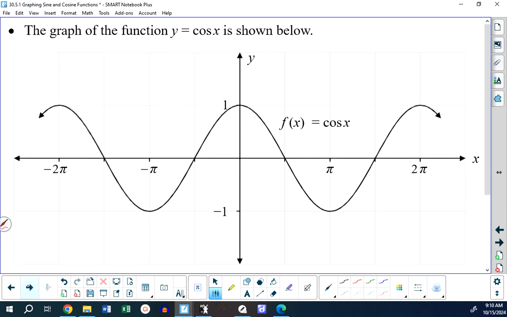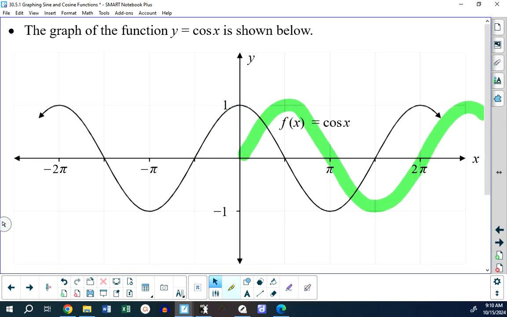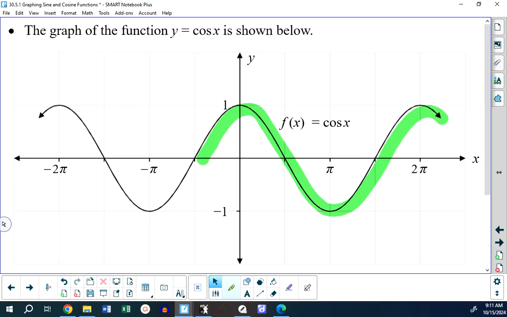Here's the graph of y equals cos of x. So if you just bear with me for a second, this is the graph of sine of x. It starts at the origin on its way up. The graph of cos of x is identical, but it has been translated pi over 2 radians, if you like, to the left.